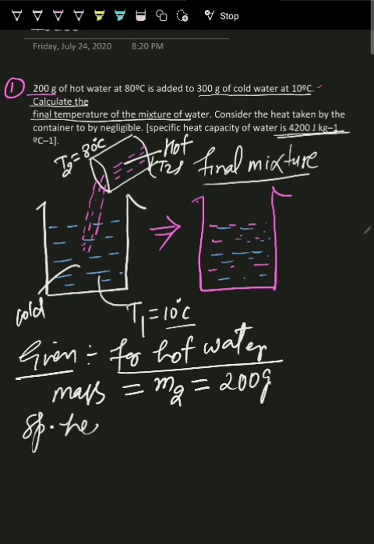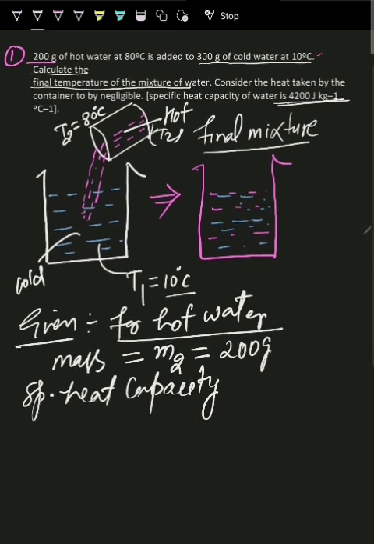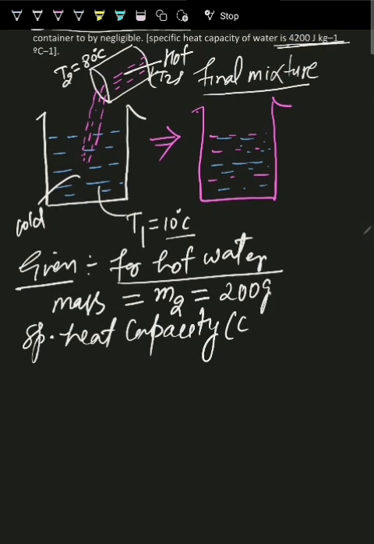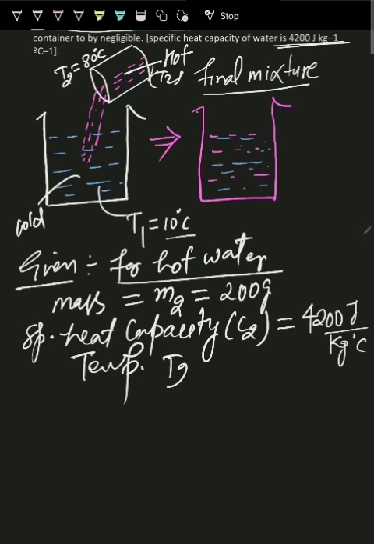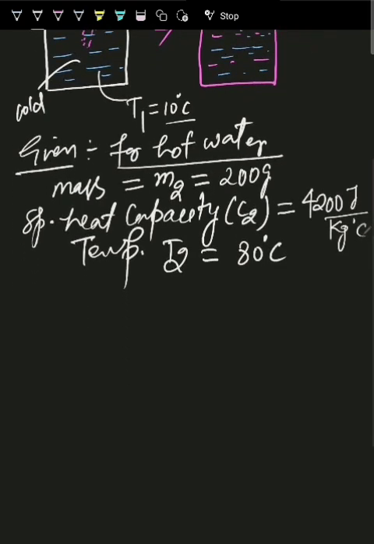The specific heat capacity of hot water we consider C2 is equal to 4200 joule per kg per degree centigrade, and T2, the temperature, is 80 degrees Celsius. So this one is the data for hot water.